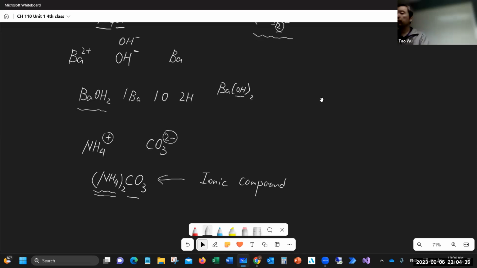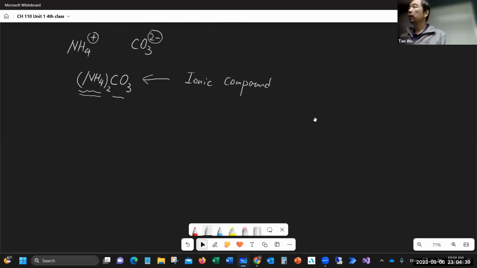Okay, on page 20, look at one of the questions in the middle, which is mercury, Hg2 2+, combined with chloride ions. First I need to talk about this ion, Hg2 2+.